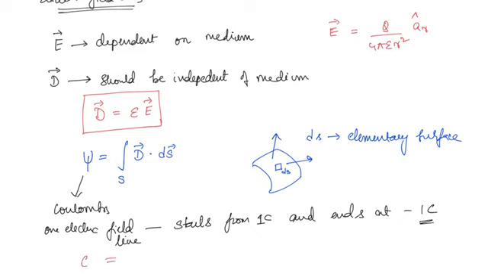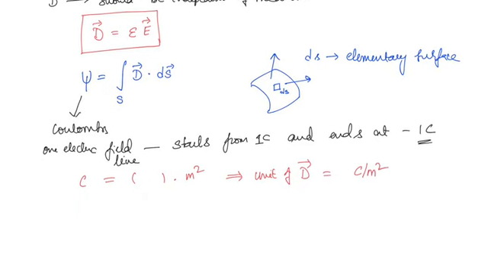So when psi is measured in coulombs, on the left hand side we have coulombs, and this is equal to the unit of d bar we have to find out, and ds is nothing but area, so it is meter square. So you can see that the unit of vector d bar is going to be coulomb per meter square. And for this reason, because we are taking it per unit area, d bar is called electric flux density.